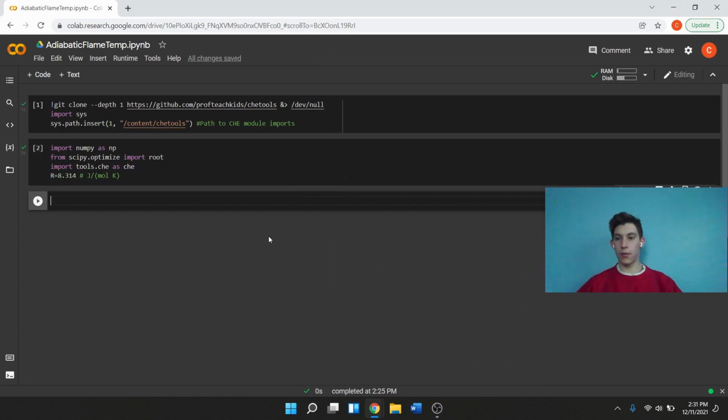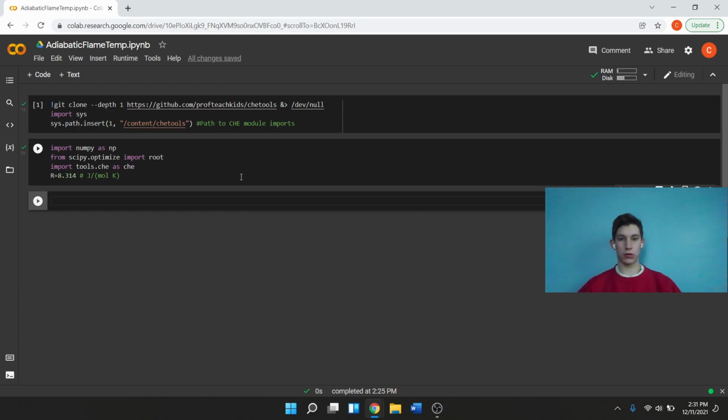Okay, so now we are in Colaboratory. We're going to work through a little bit of coding to find out what the final flame temperature will be for the adiabatic steady state system. Here at the top, we just have this module with information about different compounds.